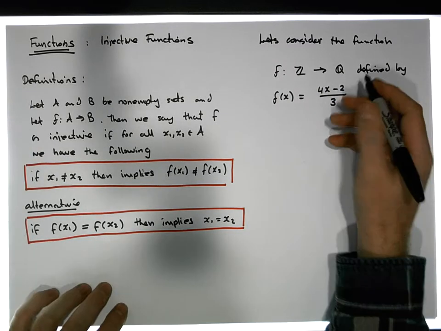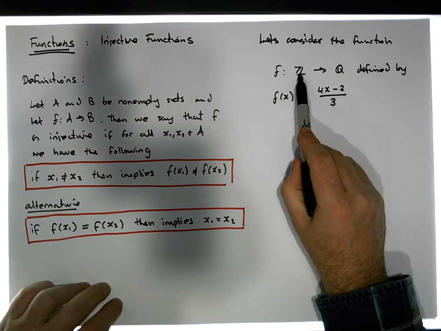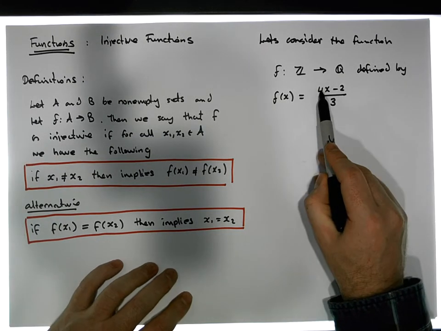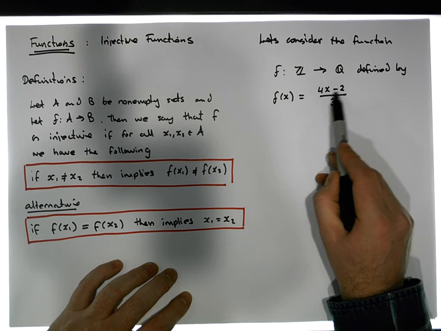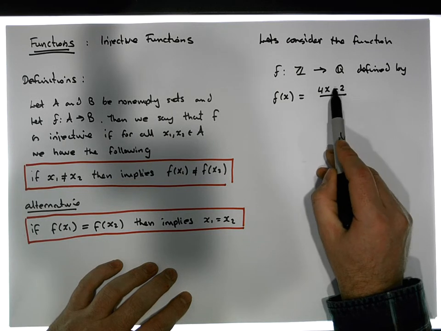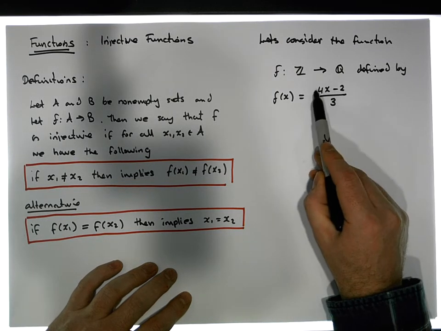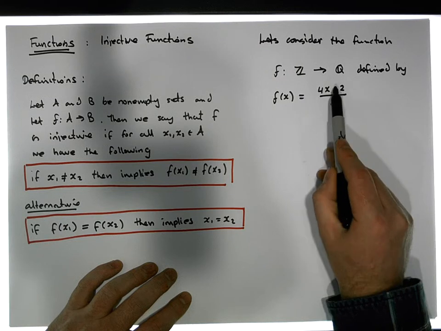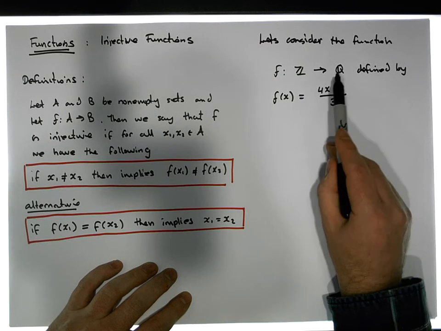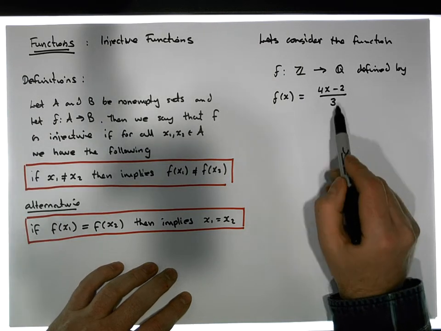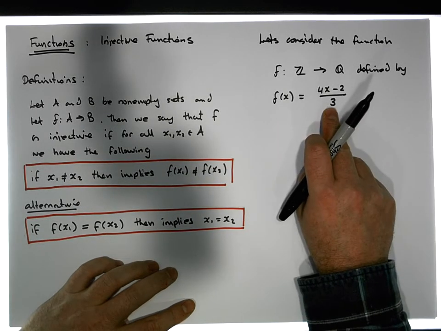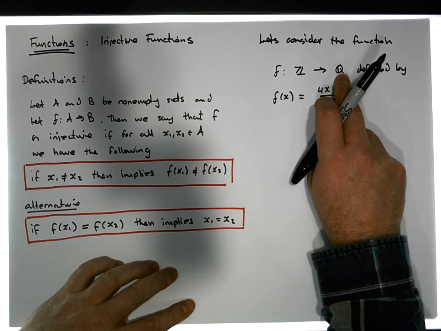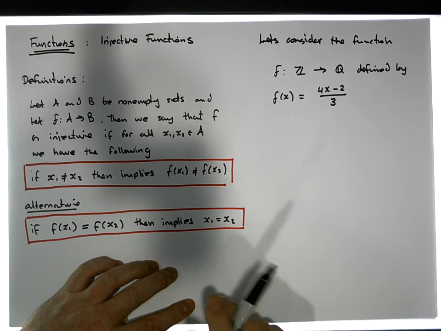It takes any integer, and 4 times any integer is an integer. When you take 2 away from it, you're still going to have an integer. But the numerator is an integer divided by 3, which by definition is a rational number. It's a fraction. Now, the range of values is not necessarily going to be the same as the codomain, so let's keep that in mind.